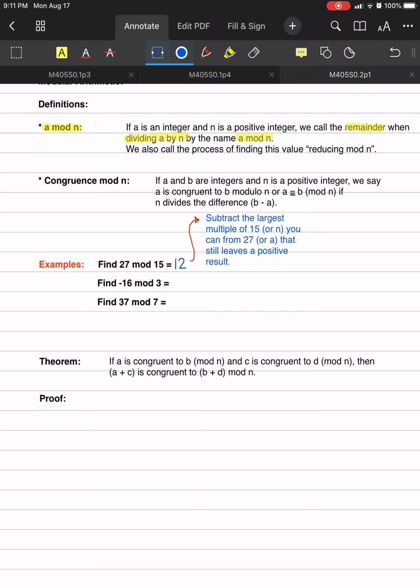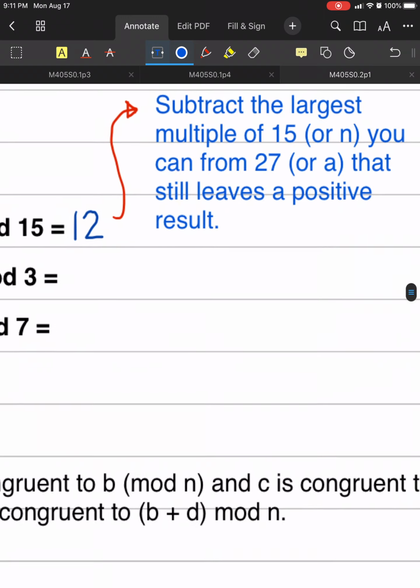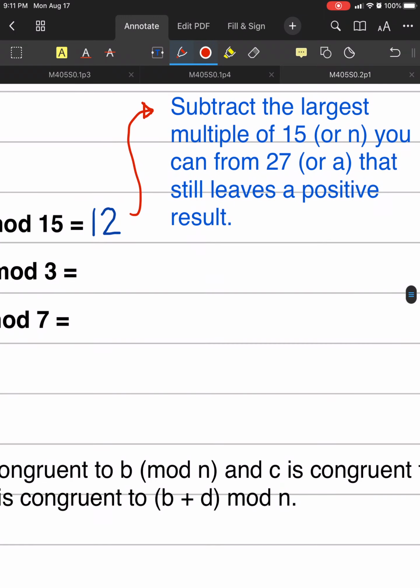The second one is where this gets a little bit trickier, and a process like the one we did for the first one also works for the second one.